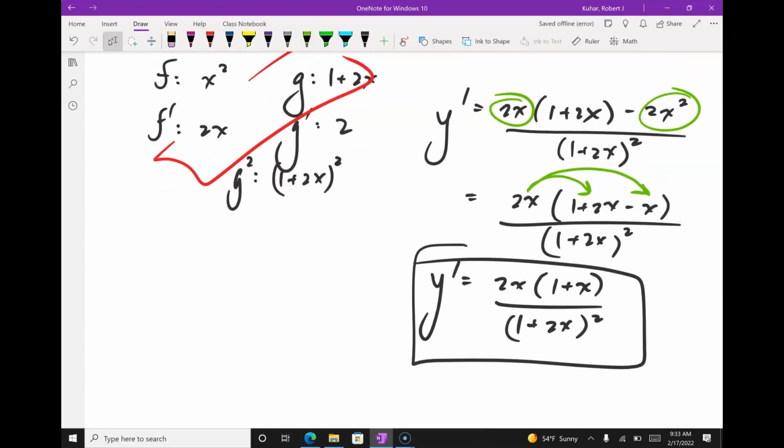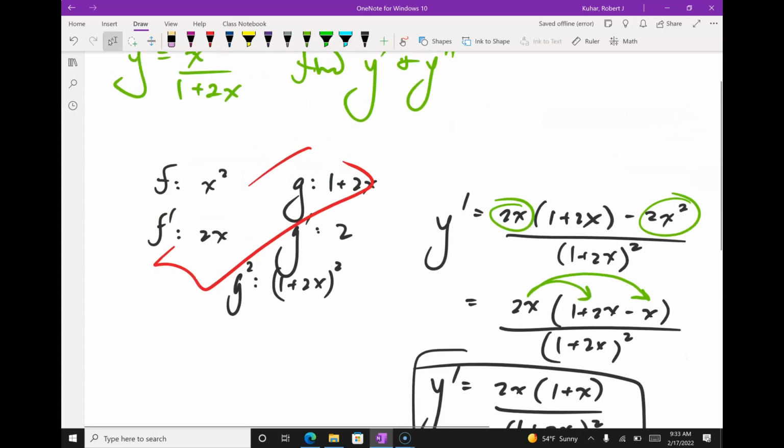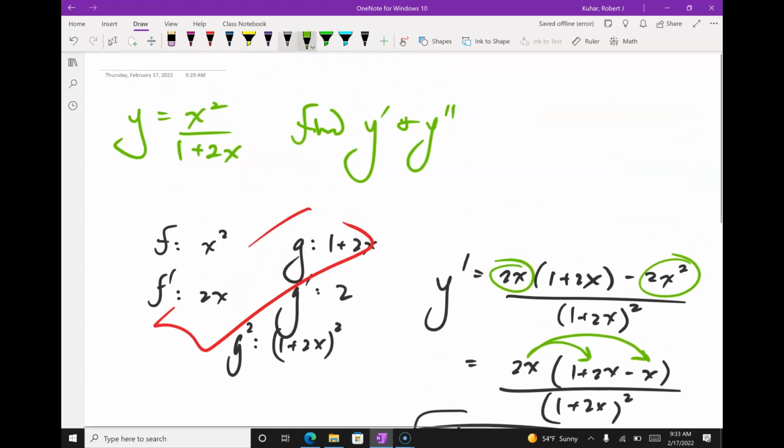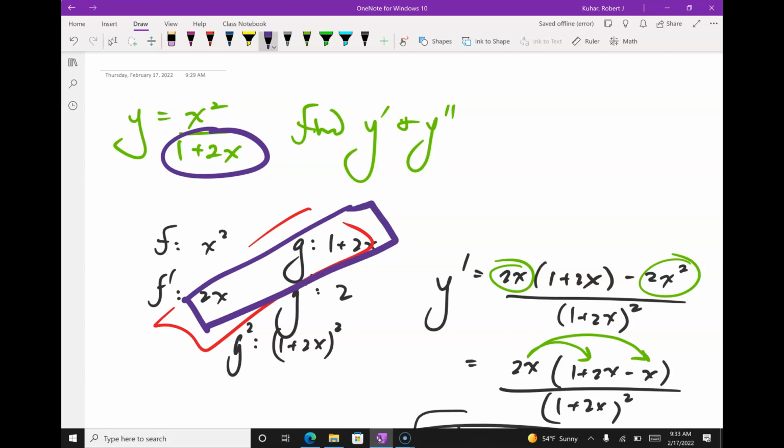One more time. Originally, the downstairs was, yes, 1 plus 2x. It's 1 plus 2x times 2x minus 2 times x squared, right, that loop.